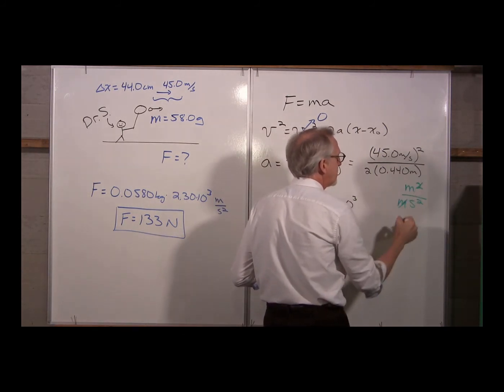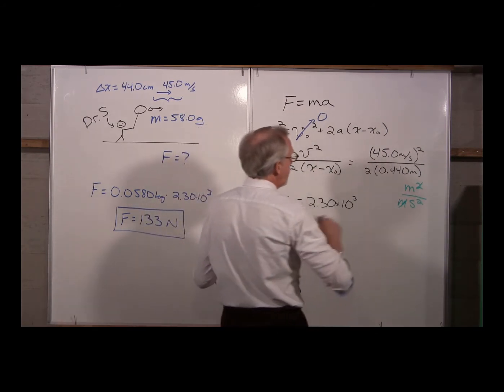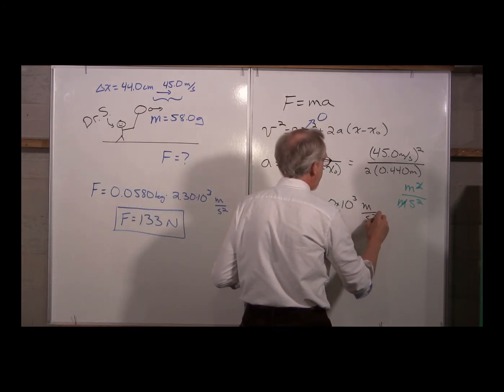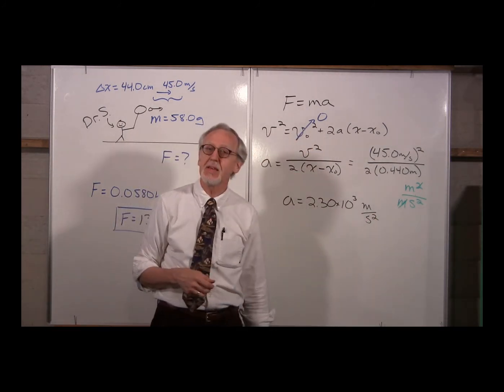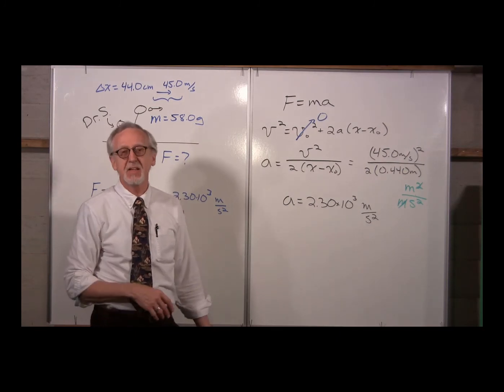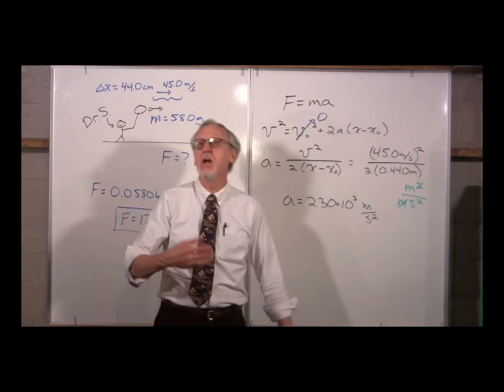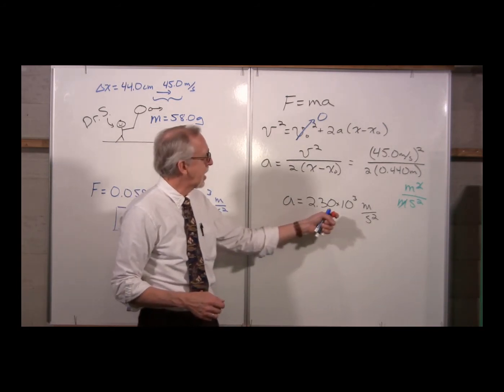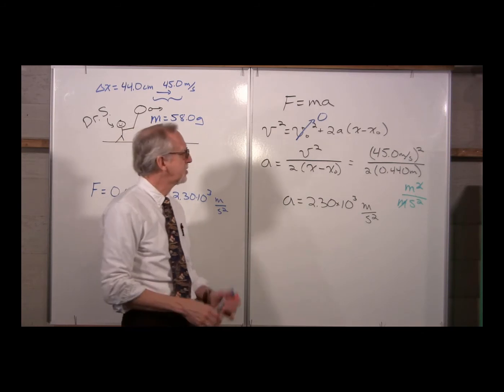One of the meters cancels, and we end up with meters per second squared. Or we could just remember that as long as we put in everything in SI units, our answer has to come out with the correct SI units, and we know the correct SI units for acceleration are meters per second squared. There we go: 2.30 times 10 to the 3 meters per second squared.